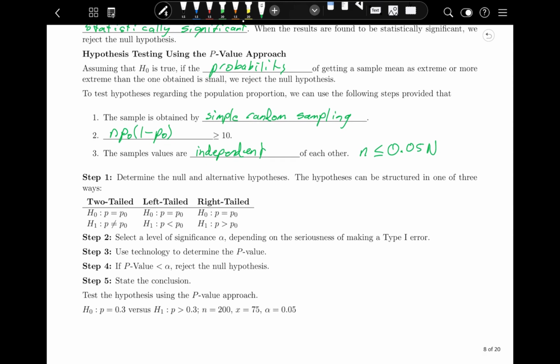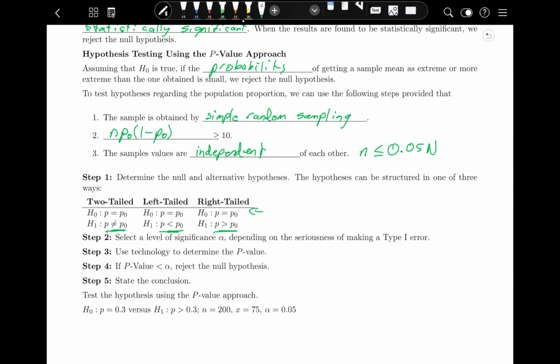So the first thing we do is we determine the null and alternative hypotheses, like we talked about in the last section. The hypotheses are structured in one of the following three ways, right? The null hypothesis is always the same. It's p equals whatever our p0 was, whatever value we're starting with. And then our alternative hypothesis is either the values are not equal to each other, it's gone down, it's less than, or it's greater than.